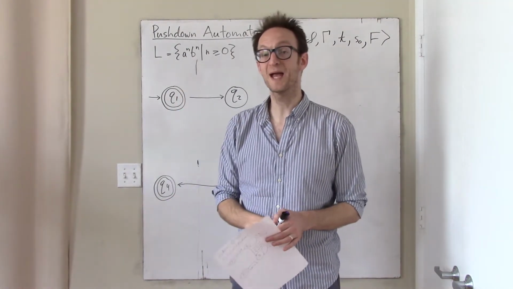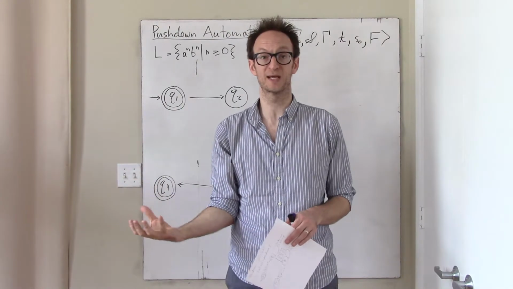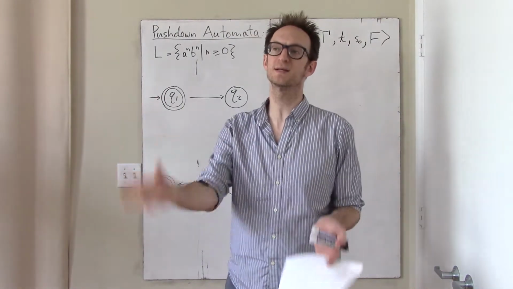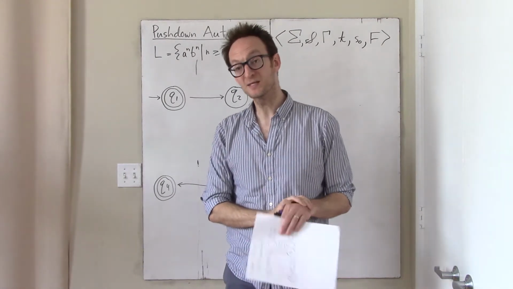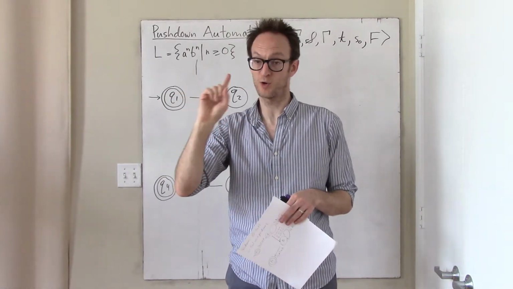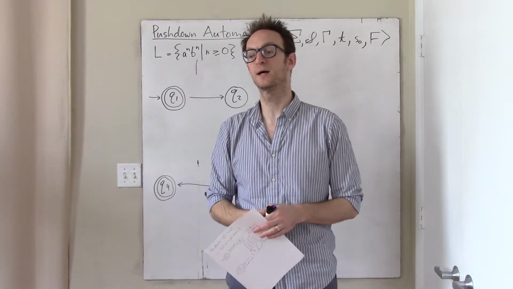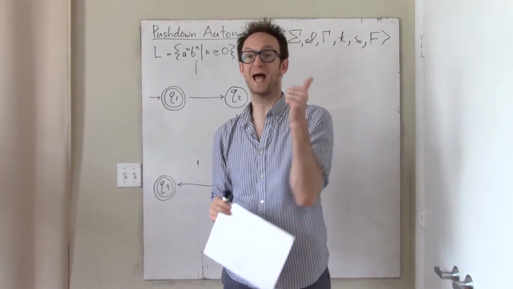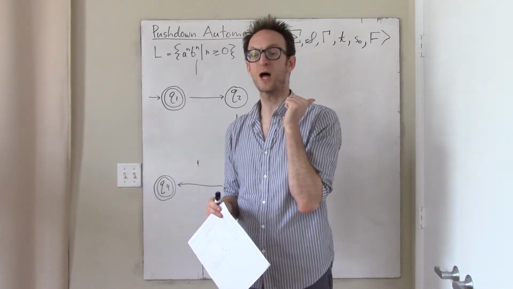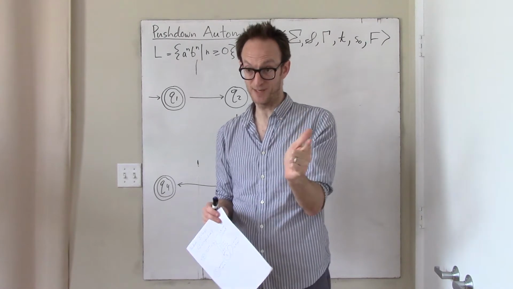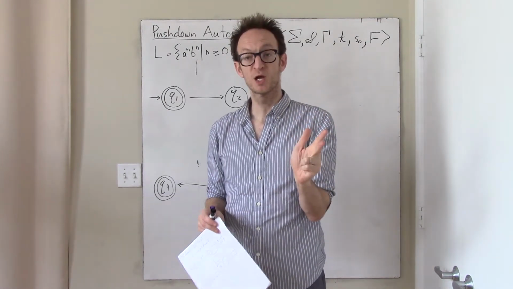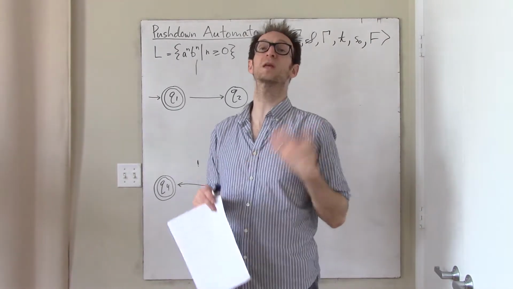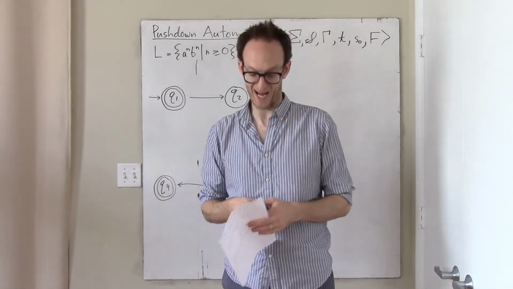So you look at the stack, so to speak, and see what character is on it, which is to say you pop it. The only way to look at it is to pop it off. And then additionally, in each transition, based on what's on the stack, what state you're in, and what character you read, you transition to another state, and you perhaps push something new onto the stack.